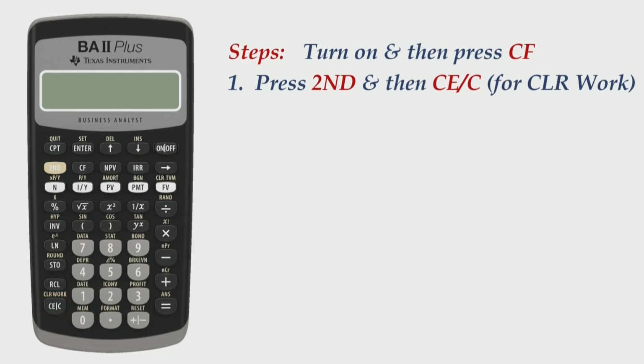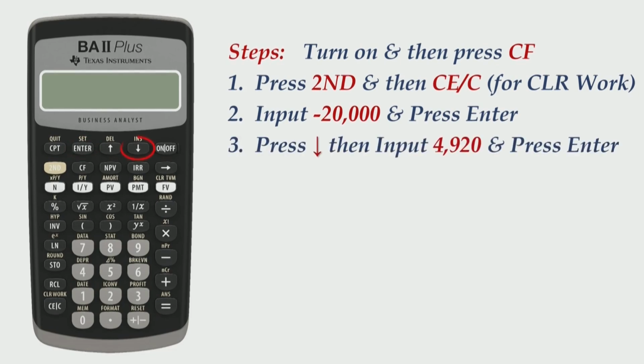Thereafter, you input negative 20,000 and press enter for CF0 equals to negative 20,000. When you press enter, it is taking the input of CF0. Now, after pressing enter, you press the downward arrow key once and then input 4,920 and press enter.